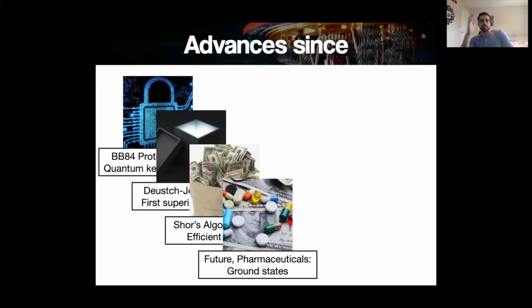So those are some major advances so far. I'm going to throw out some future ones that aren't talked about so much. If you pull up a paper on future applications of quantum computers, some typical examples might come up: random number generators, finding ground states of Hamiltonians. But just a couple applications that I think are interesting is that the ground state of Hamiltonian problem actually has profound implications in pharmaceuticals.